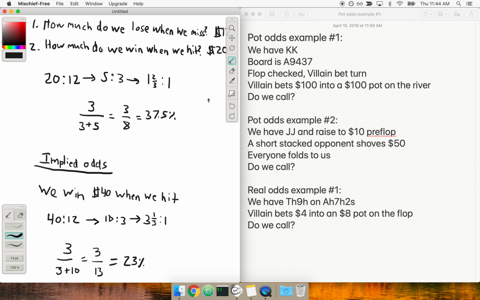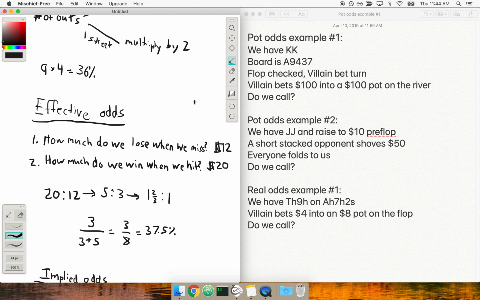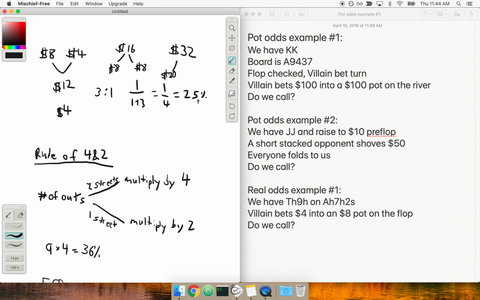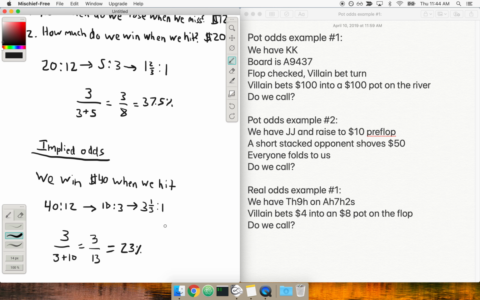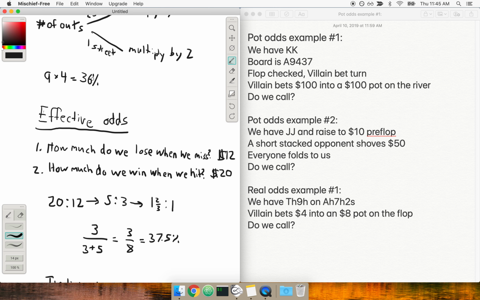So let's take a look at how our required equity changed. First we said we needed 25. Then when we factored in effective odds, we said we needed 37.5, so it jumped up. But then when we factor in implied odds, it jumps down to 23%. And if you remember, we have about 36% based on the rule of 4 and 2.